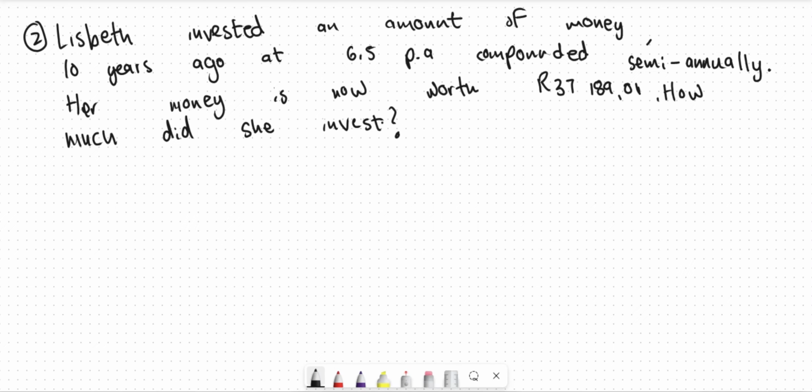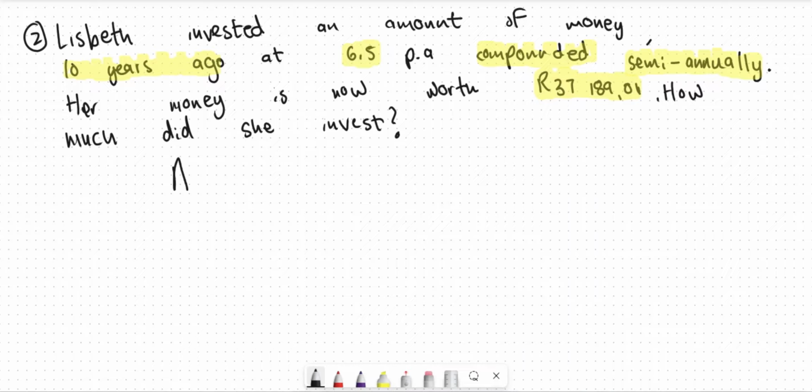It reads that Lisbeth invested an amount of money 10 years ago at 6% per annum compounded semi-annually. So already I'm thinking about what I need to multiply or divide with there. And her money is now worth 37,189.01. And the question is, how much did she invest to start off with?